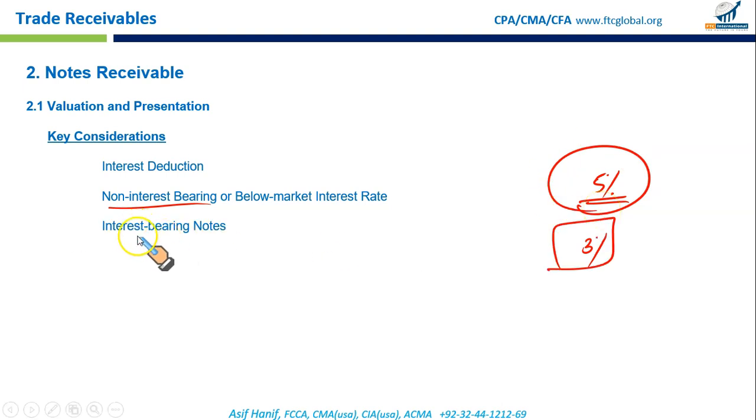So if it's an interest bearing note and it was issued under normal circumstances, like an arm's length transaction, then it is presumed to be valued at the market rate of interest, so we don't need to make any adjustments. Adjustment is required when it is non-interest bearing or the rate is below the market interest rate. So that's what we make the adjustment for.